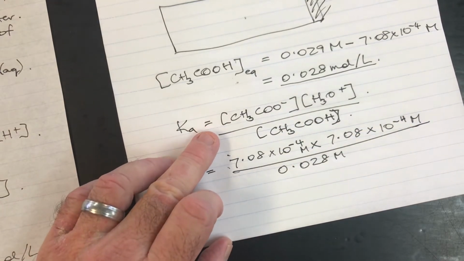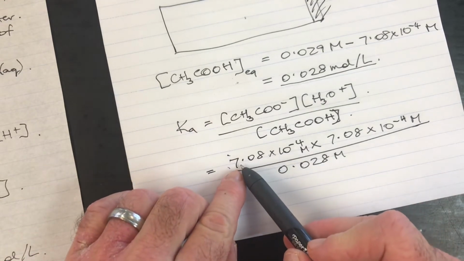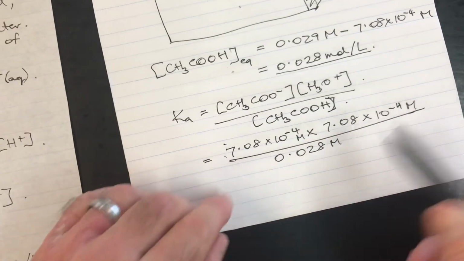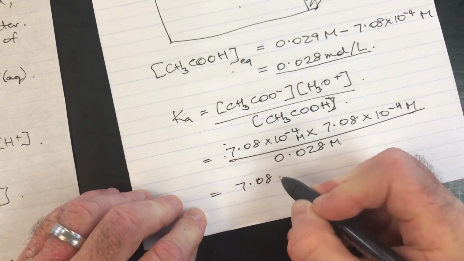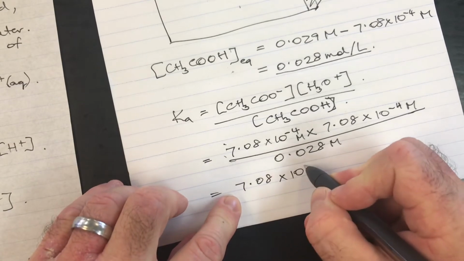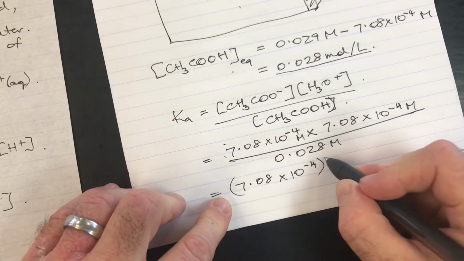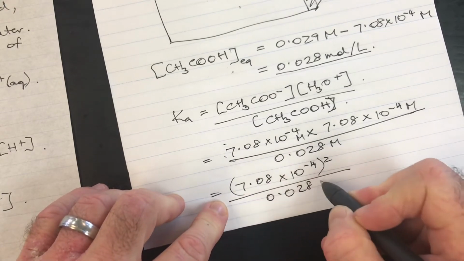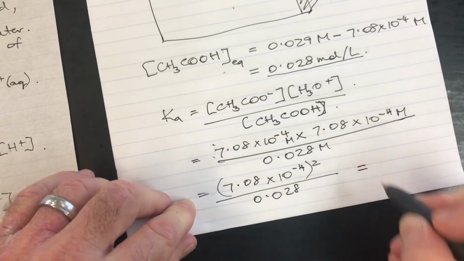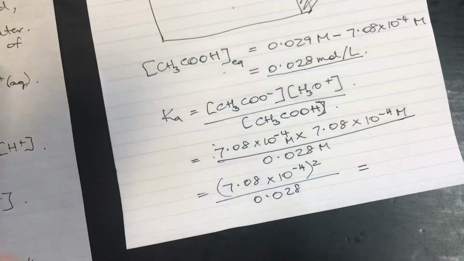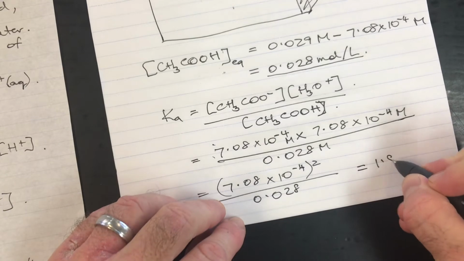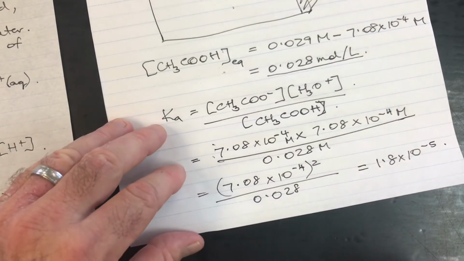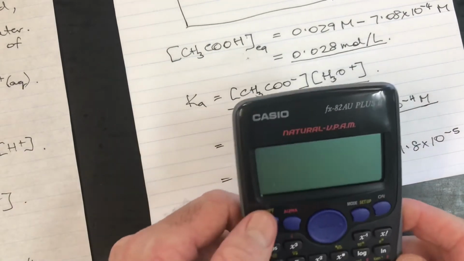Now, because you know from your maths that a number multiplied by itself is just squared, it'll be 7.08 times 10 to the power of negative 4, all squared, divided by 0.028. After punching that into your calculator, it comes out to 1.8 times 10 to the power of negative 5. You'll be right with the calculator, won't you?